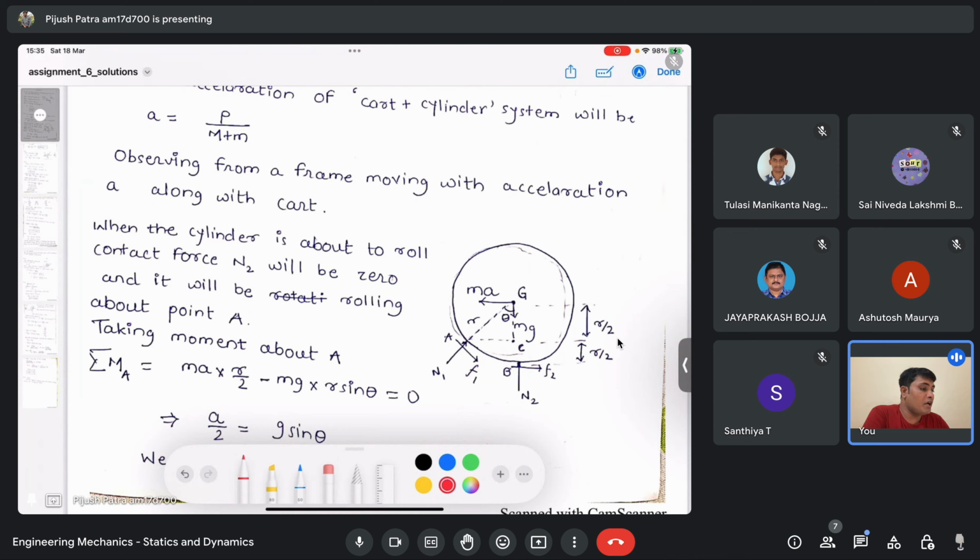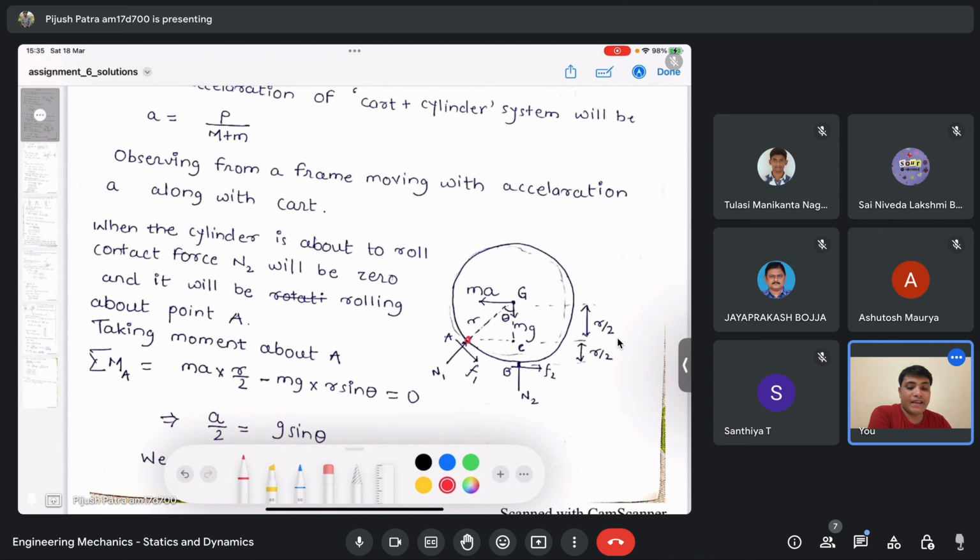So if you take moment about this point, what are the different forces? You don't need to consider friction here because you are taking moment about that point, so it doesn't matter. So what are the forces that will act if you take moment about this point?